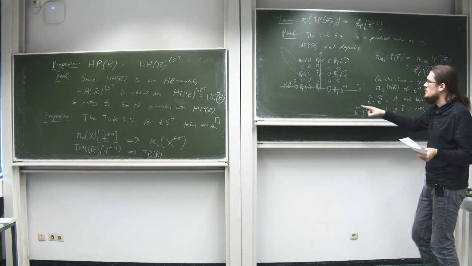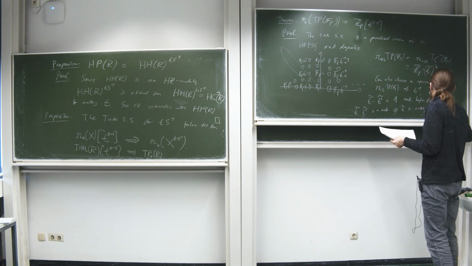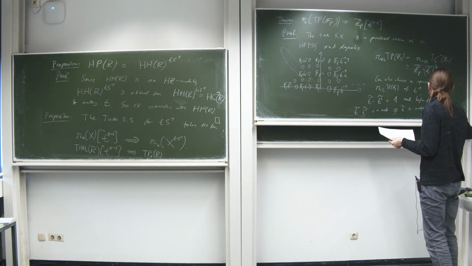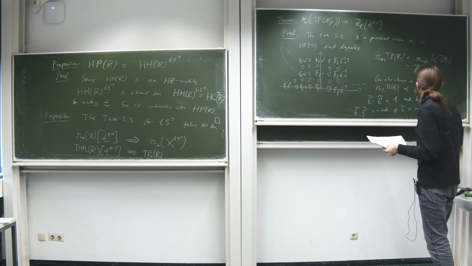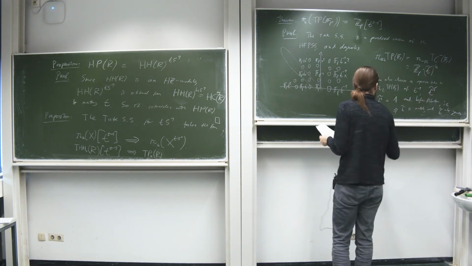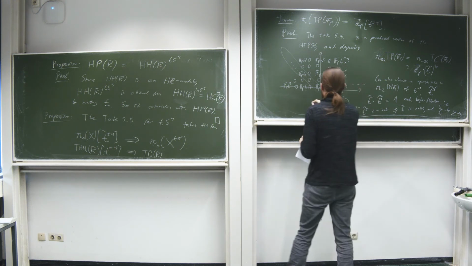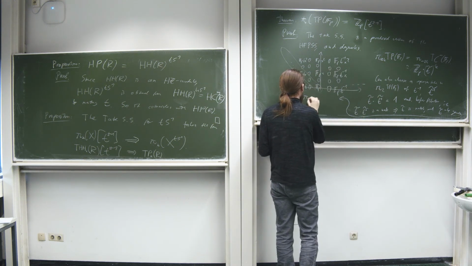and the negative powers T tilde inverse to the minus k generate pi 2k Tp.